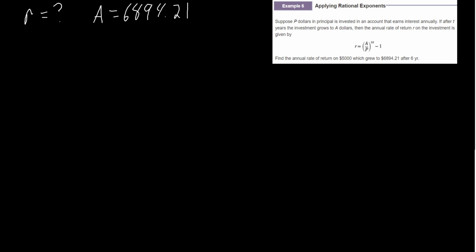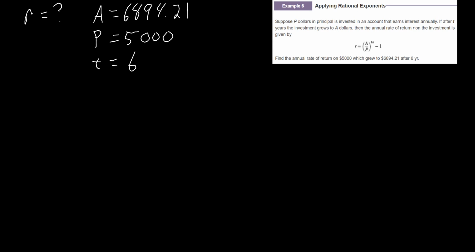P is equal to 5,000, that's my principal there. And then T is going to be 6. So all I have to do is plug in all these numbers.